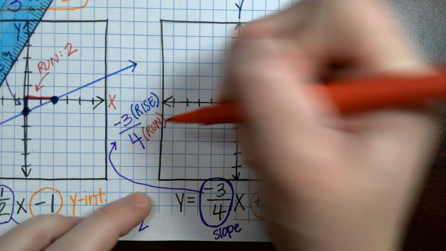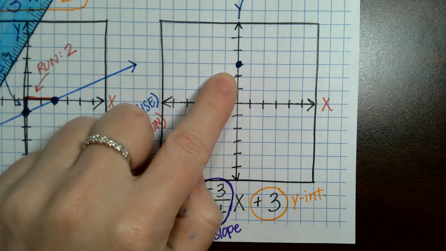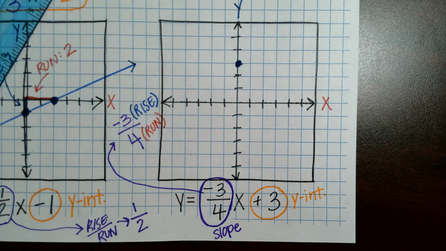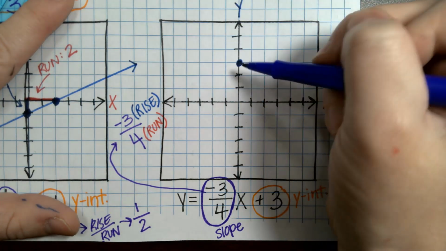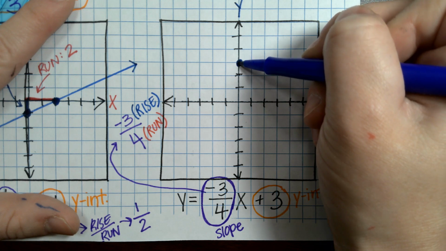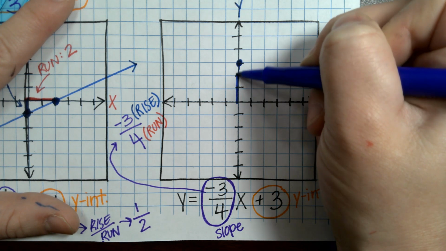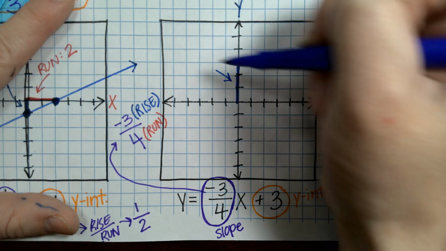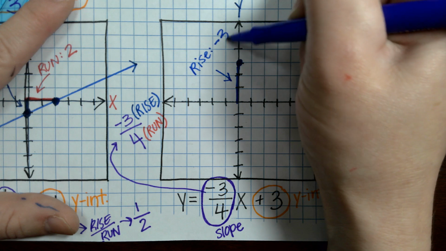4. Perfect. So we're going to start from our y-intercept. Don't start from 0. Start from our y-intercept and let's count our rise. So we'll go down how many? 3. So I'm going to start here and go 1, 2, 3. There's my rise, -3.